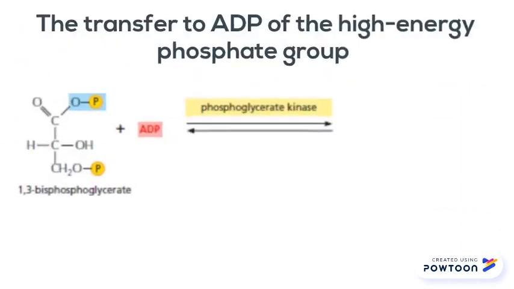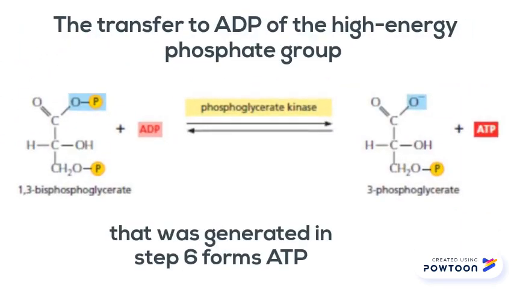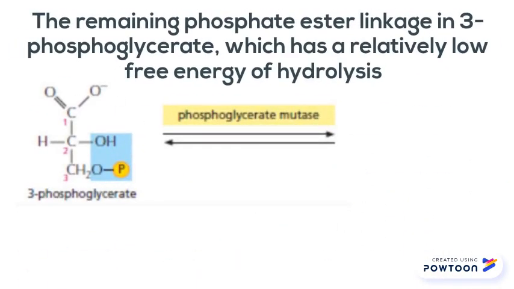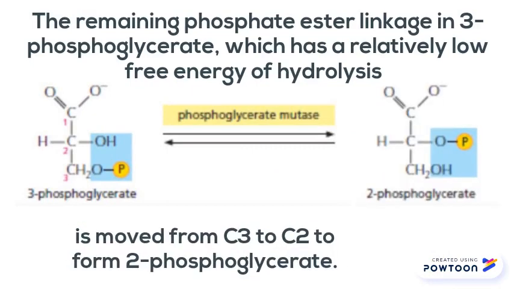In step number 7, the transfer to ADP of the high-energy phosphate group that was generated in step 6 forms ATP. The remaining phosphate ester linkage in 3-phosphoglycerate, which has a relatively low free energy of hydrolysis, is moved from C3 to C2 to form 2-phosphoglycerate.